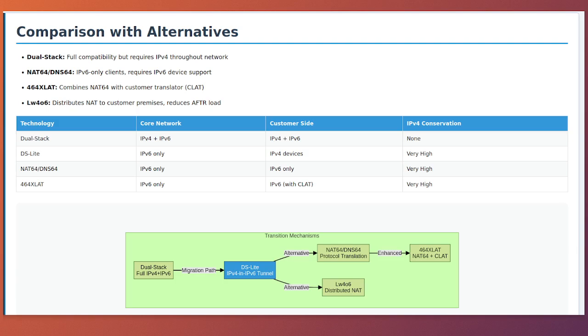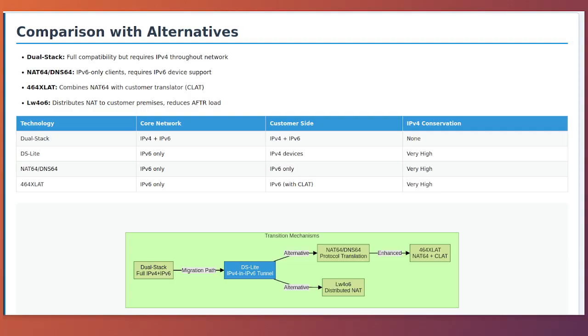NAT64 with DNS64 takes a different approach by translating between IPv6-only clients and IPv4-only servers at the network edge. This solution allows the ISP to deploy IPv6-only to customer premises, eliminating IPv4 entirely from customer devices.